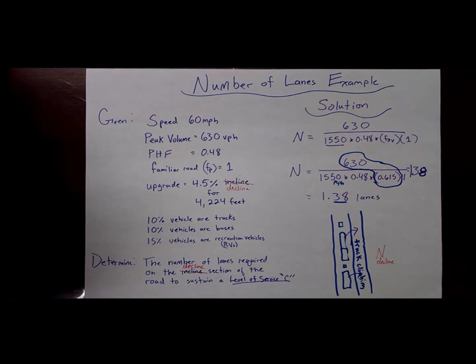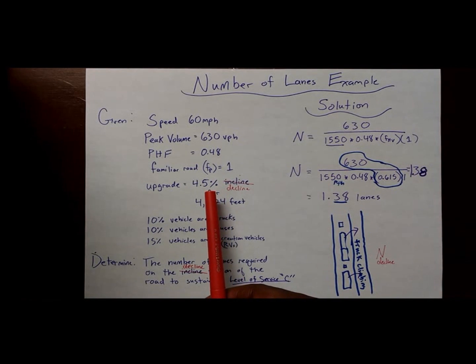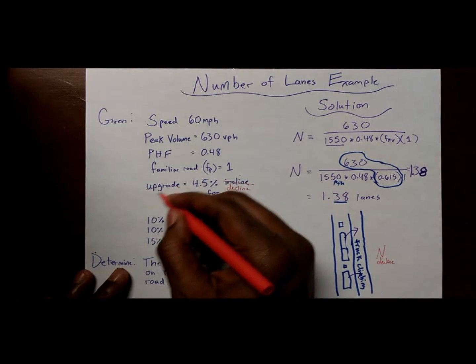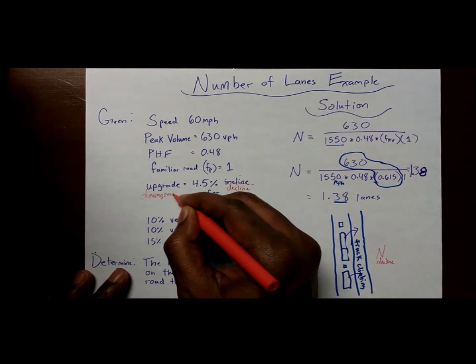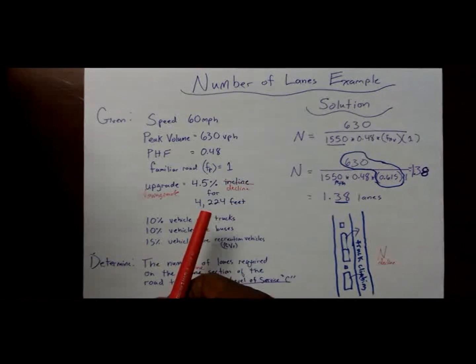Now, if you happen to be curious like me, then you might be wondering, what would happen if we were to change something in this example problem? What would happen if we were to change upgrade to downgrade, and incline to decline? So now it's not going uphill, it's going downhill.